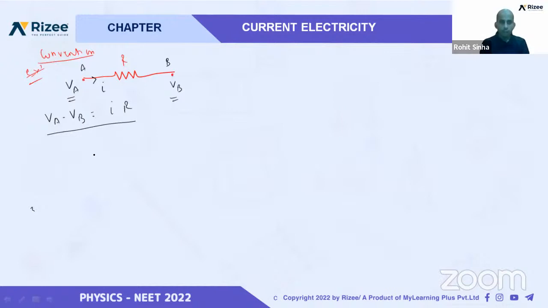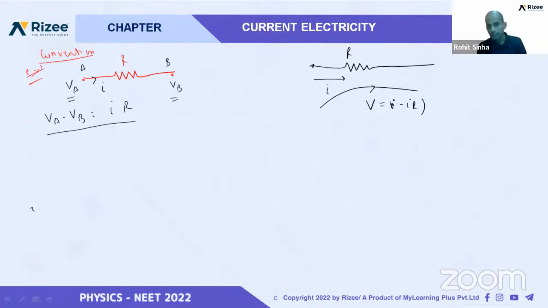Now, what convention will we use? Whenever in a circuit current is flowing in this direction and we are moving in this direction, we will take the potential difference as minus IR. This convention we will use.